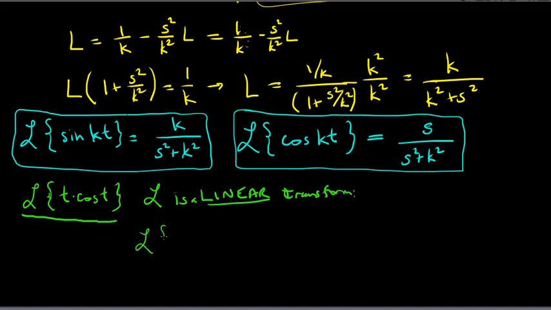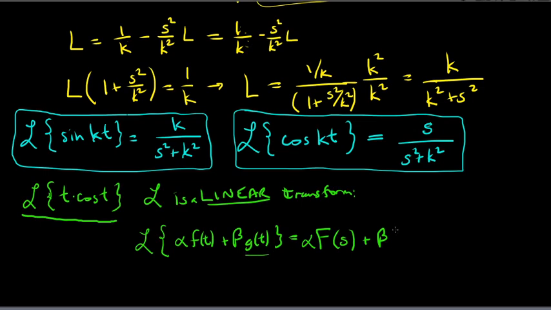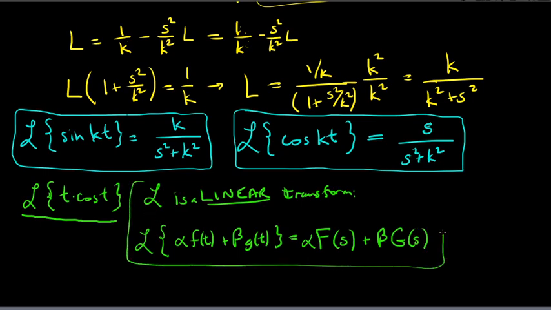If you take the Laplace transform of alpha times f of t plus beta times g of t, some other function g, you can just pull out the alpha, and the Laplace transform of little f is capital F of s, and then pull out the beta, and the Laplace transform of little g is capital G, again as a function of s. That's what it means for something to be linear.